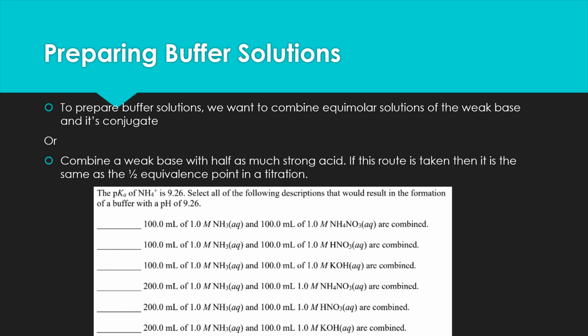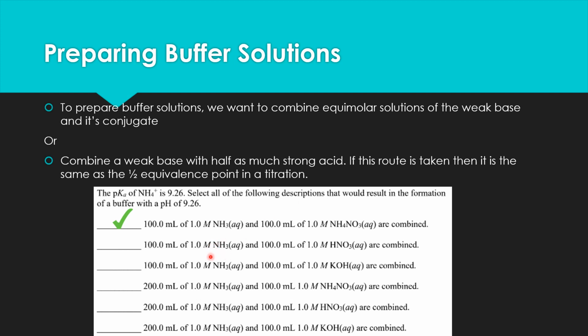We know that's the conjugate acid because it's giving us pKa, and the NH4 plus, that's the acid form. So if we combine a weak base with its conjugate acid, we'd want that 1-to-1 ratio, that equal molar ratio. So this one, we have equal milliliters, equal molarity, so we are good. That would give us a buffer solution.